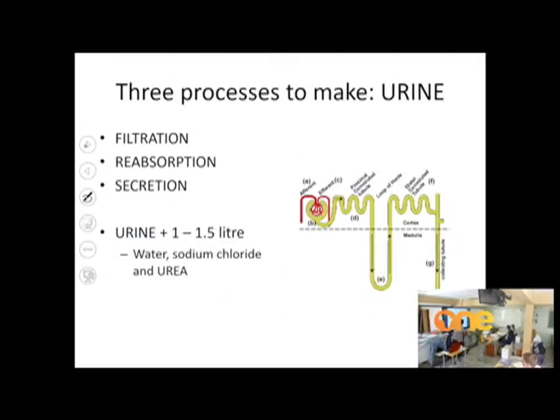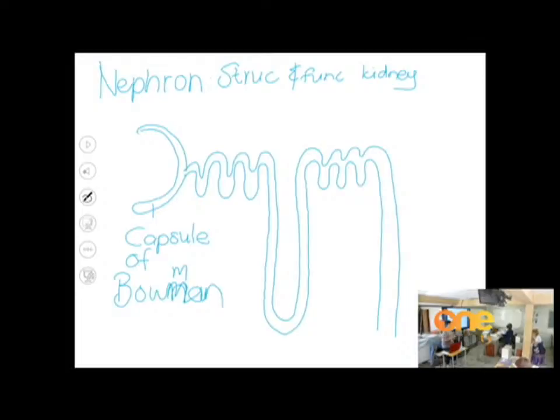There, we are now in that cup shape. Capsule of Bowman. Then, into the capsule of Bowman, I have an arteriole that enters the capsule of Bowman, and it makes a network of capillaries, and when it's leaving the capsule of Bowman, it has a smaller diameter arteriole.